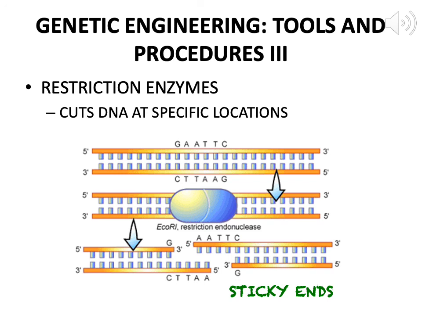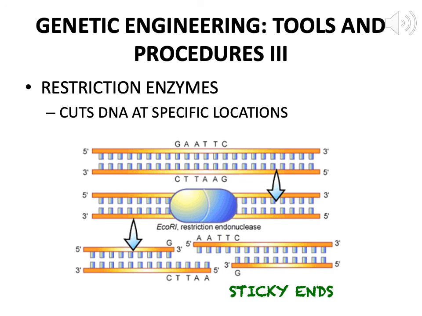In this illustration, you will see a strand of DNA, and in the center of that strand of DNA, you will see an area that's highlighted. That highlighted area is specifically cut by that restriction enzyme called EcoRI that you see illustrated smack dab in the middle. It's that big oval blue thing. And that restriction enzyme, sometimes called a restriction endonuclease because it cuts within the strand of DNA, is going to cut in a very specific place. And you see the cut it makes is an uneven cut.